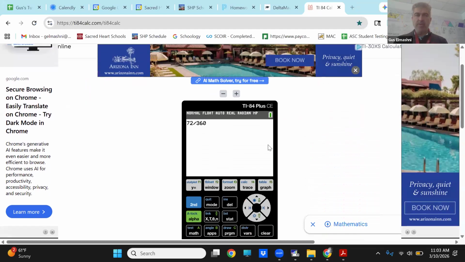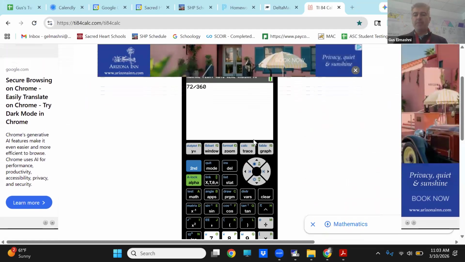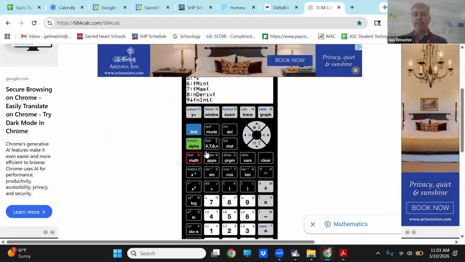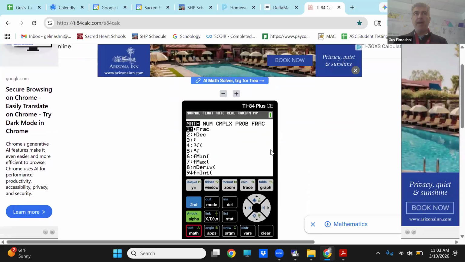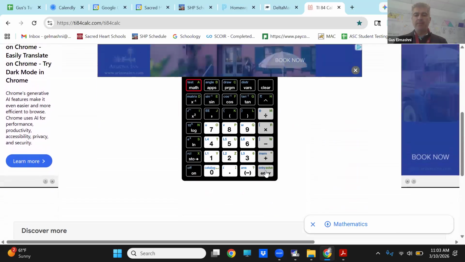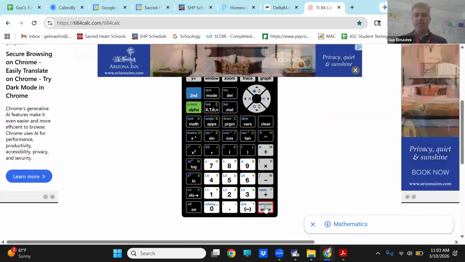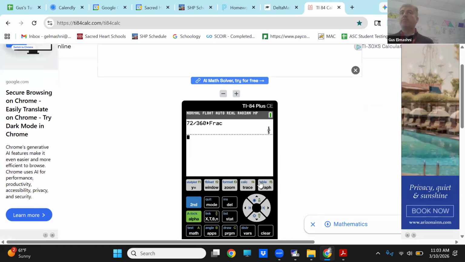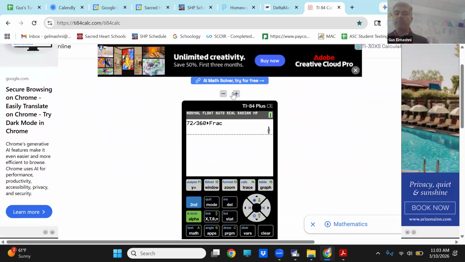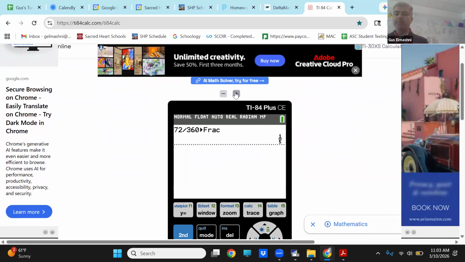So if I do 72 over 360, right? It's going to give you some decimal. Here's what you could do. If you hit math, and the first option says frac, and hit enter, it will reduce that fraction for you. So it's math option 1.